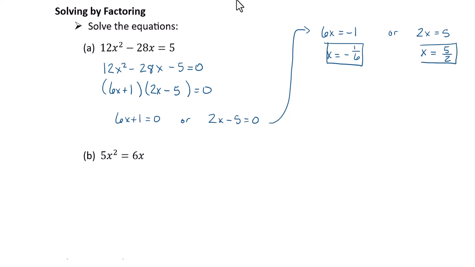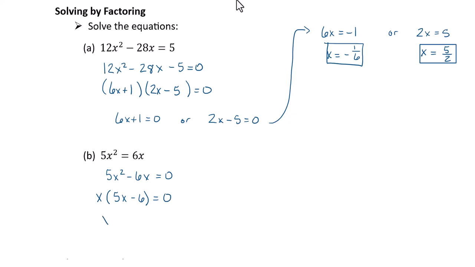With our next example, we start out the same way. We have to have everything on one side equal to 0 so that we can factor. Here, we do have a greatest common factor of x. So I'm going to take that out, and I'll have 5x minus 6 equals 0.